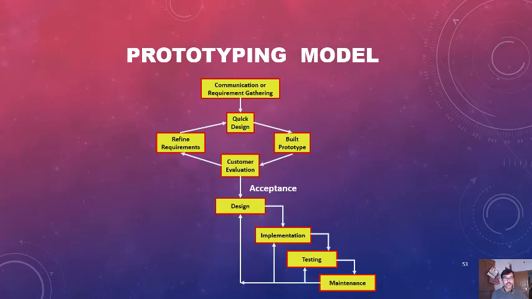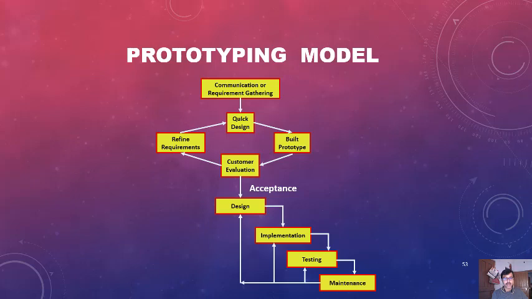First we have requirement gathering and communication. After gathering all the requirements, we prepare a quick design of the software, where all the functionalities are not available, and it is actually the outlook of the project. And then you build the prototype.